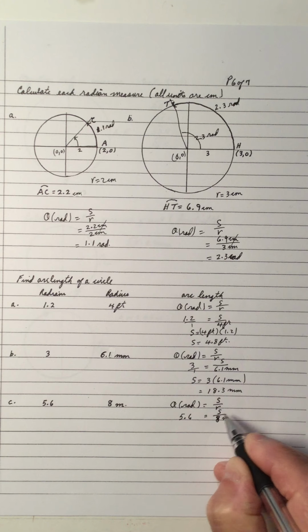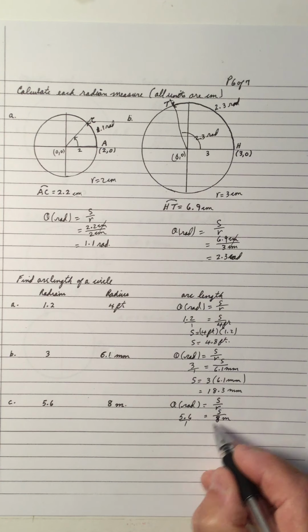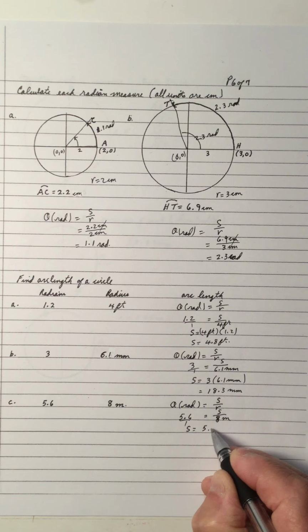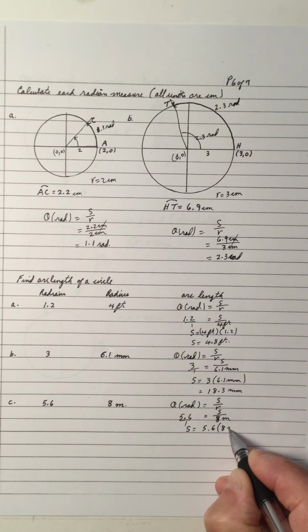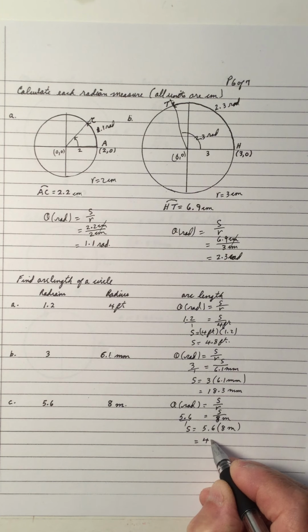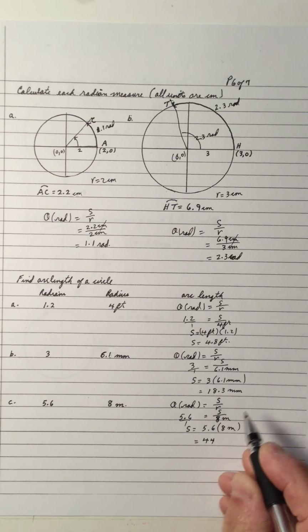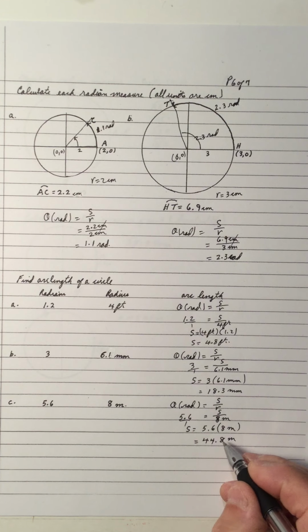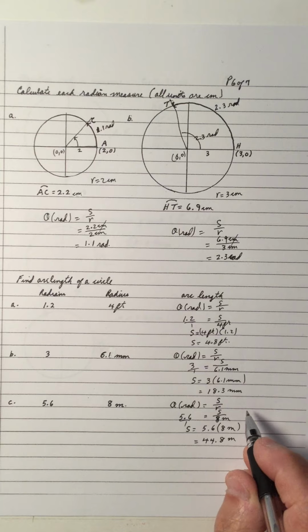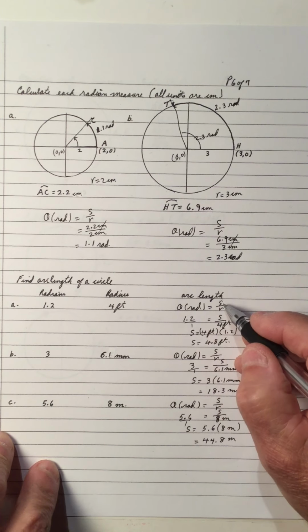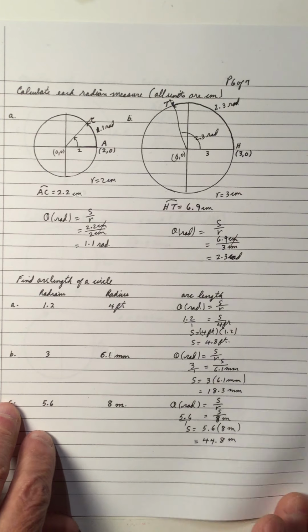Put it over 1, cross multiply, 1 times S is S, and you get 5.6 times 8 meters, and that gives you 44.8 meters. You can use your calculator on that. So again, in this one, I'm just reversing, giving you two of these, and you have to find the third one.